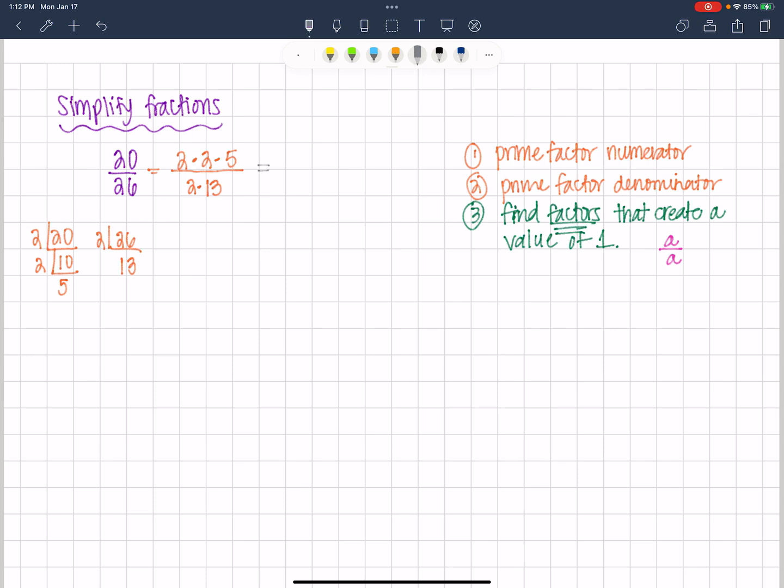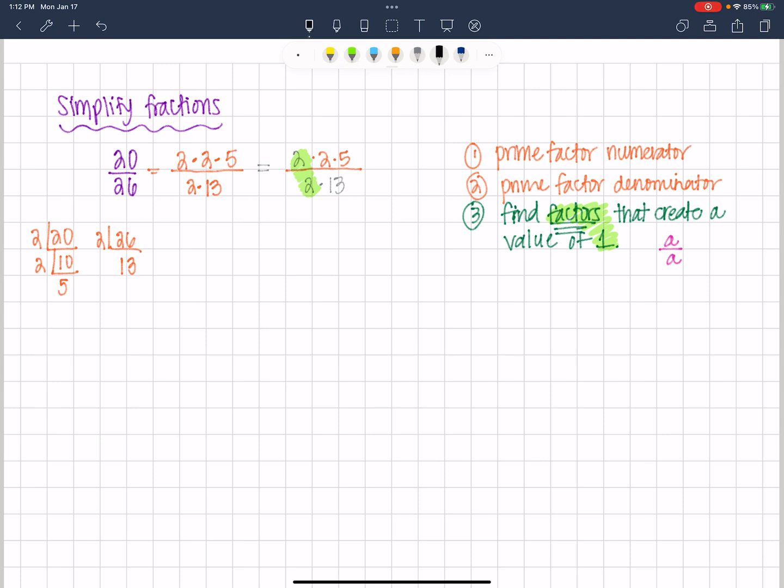Now, if we want to think about this, we can say we've got 2 times 2 times 5 over 2 times 13. And then there is our factor of 1.